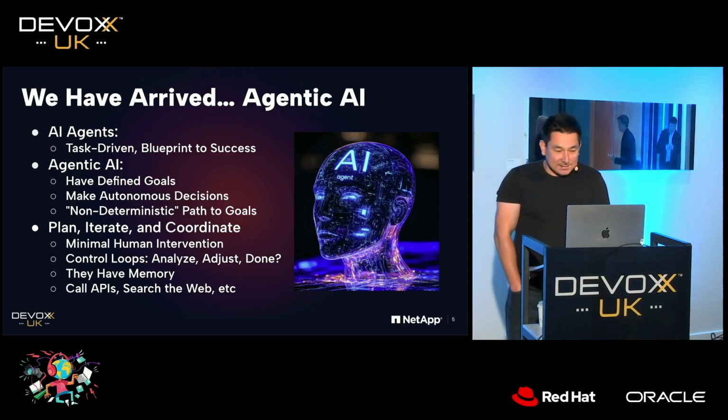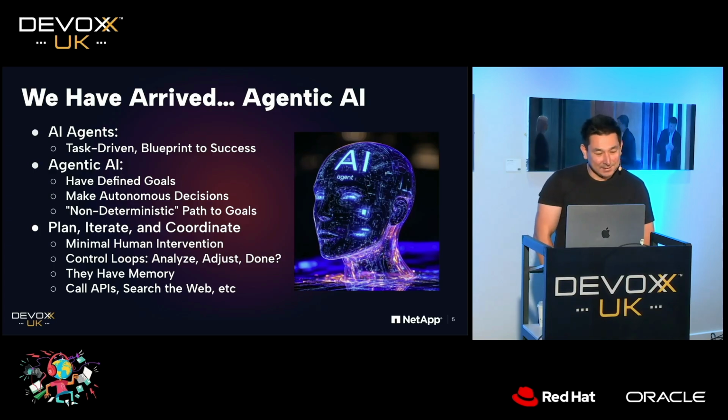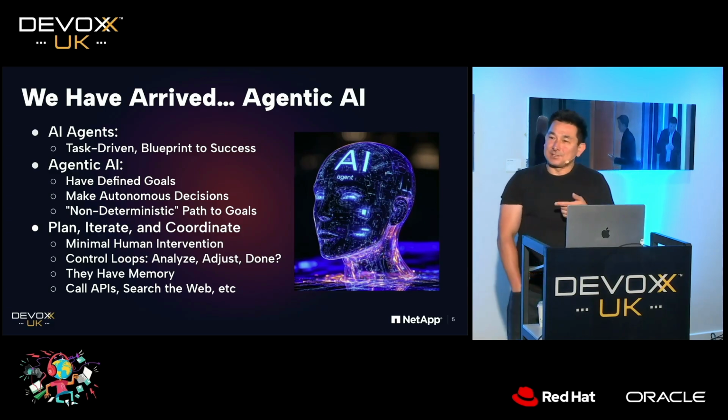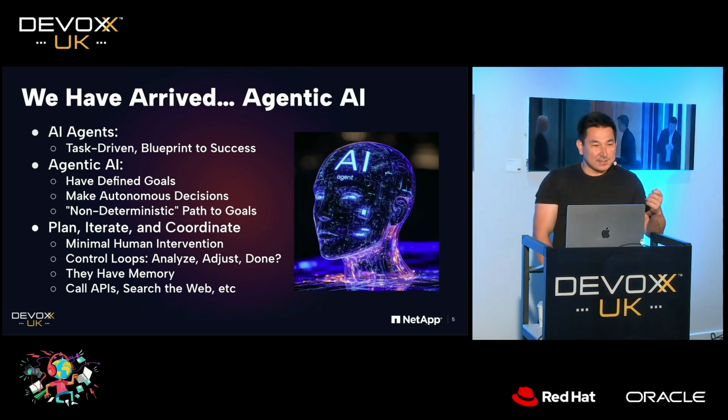An agentic AI system doesn't need much human intervention in order to operate. How does it do it? It's pretty simple. It's actually, oddly enough, how we humans do it. You plan, you iterate, and then you eventually get to an end state, right? And because there isn't any human intervention, we have control loops that are kind of hidden away in the context of the AI agent, the agentic system.